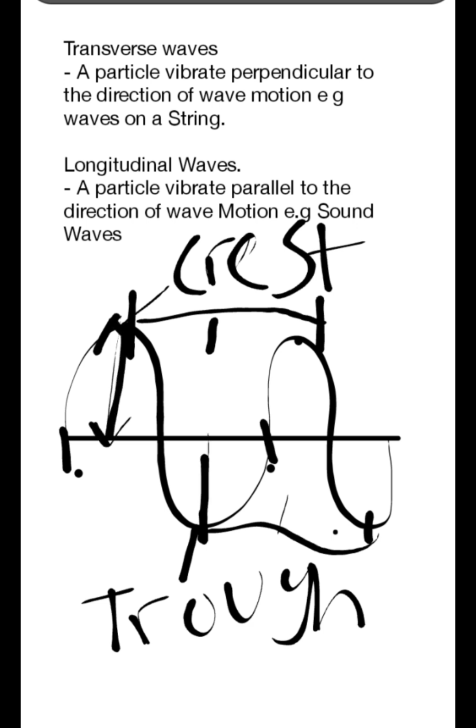Another thing that you should know is frequency. Frequency is just the number of oscillations per second. The last thing is period, which is the time taken for one complete oscillation. So you know this formula that the frequency is equal to 1 over period. That's the formula of frequency.